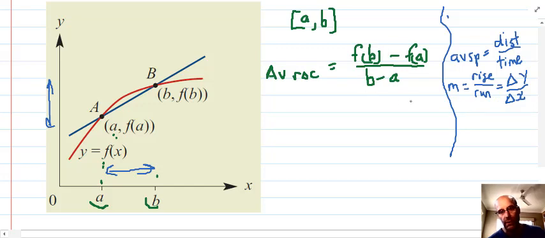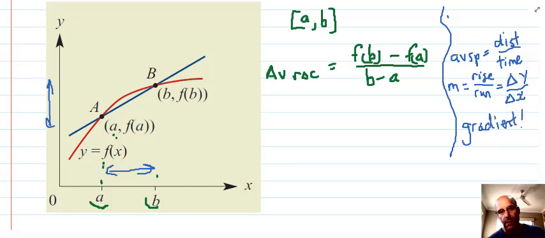So really this is just an application of the gradient which we saw in the previous video. That's your average rate of change formula.